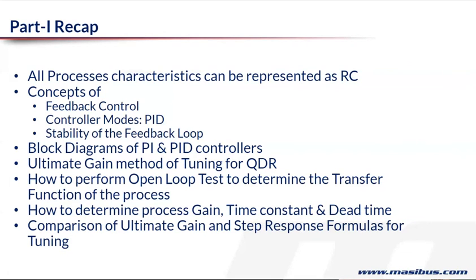Integral is something to remove the offset. So integral integrates the error over a period of time and slowly, if there is an offset or an error between the set point and the actual parameter, the process variable, it will move the P band in such a way that this error is made 0.